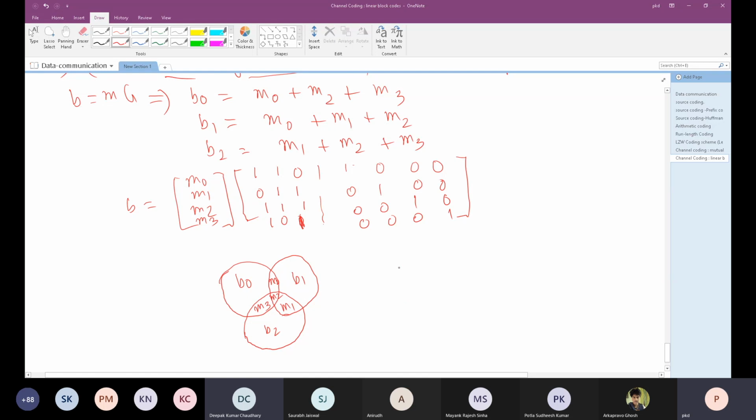So that way, any bit transition will set two parity bits.